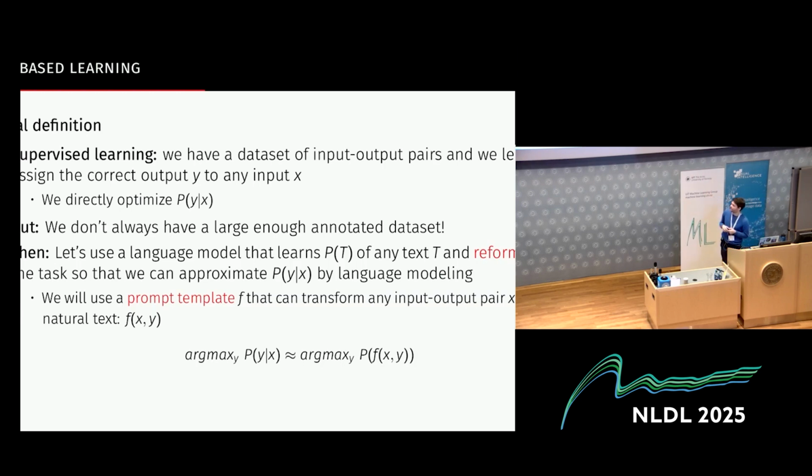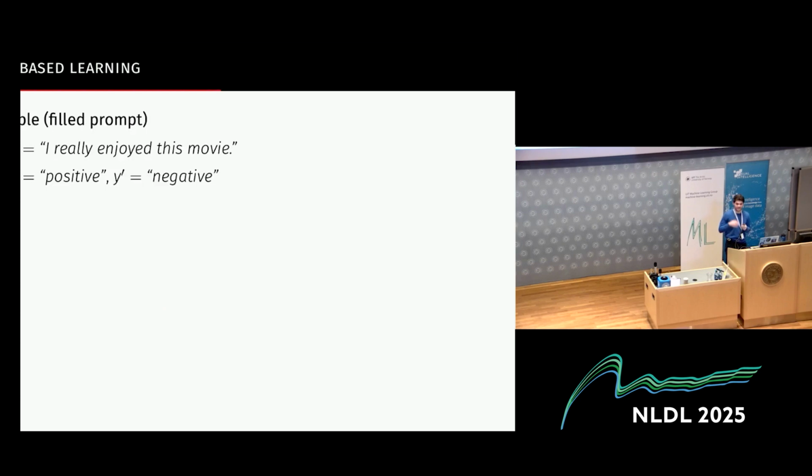So instead of looking at the most likely label given an input X, we look at the most likely prompt transformed from the input pair X and Y. This is probably a bit confusing, but let me show some examples of how it looks in practice.